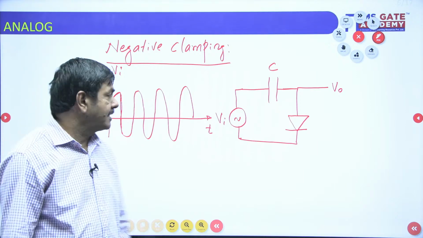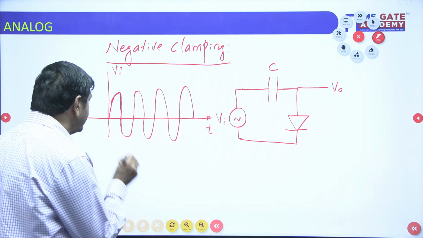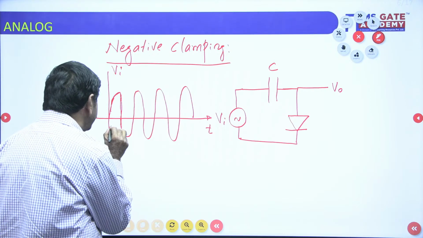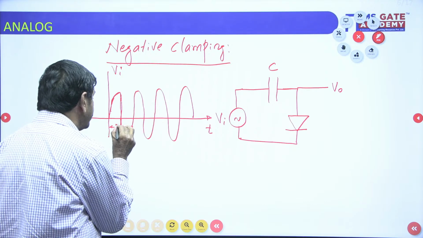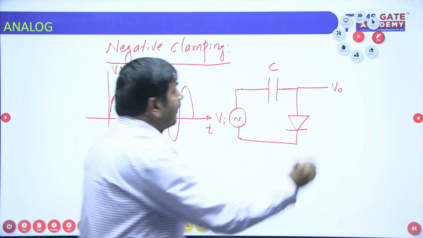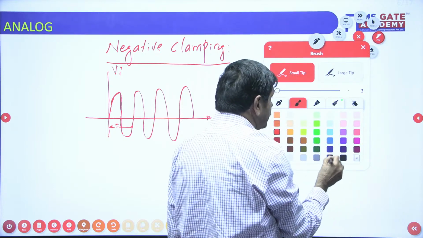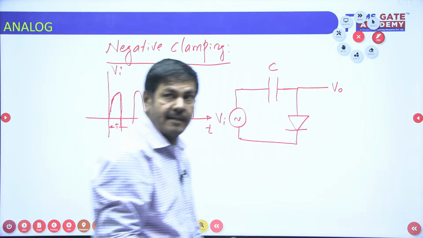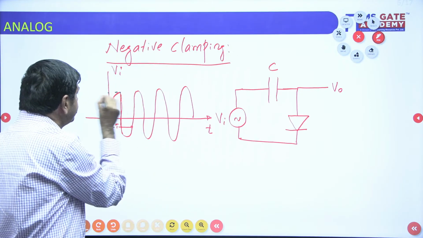You know very well, the time taken for one cycle is said to be time period. So this time period is T. To reach the maximum voltage, this is the Vm value.